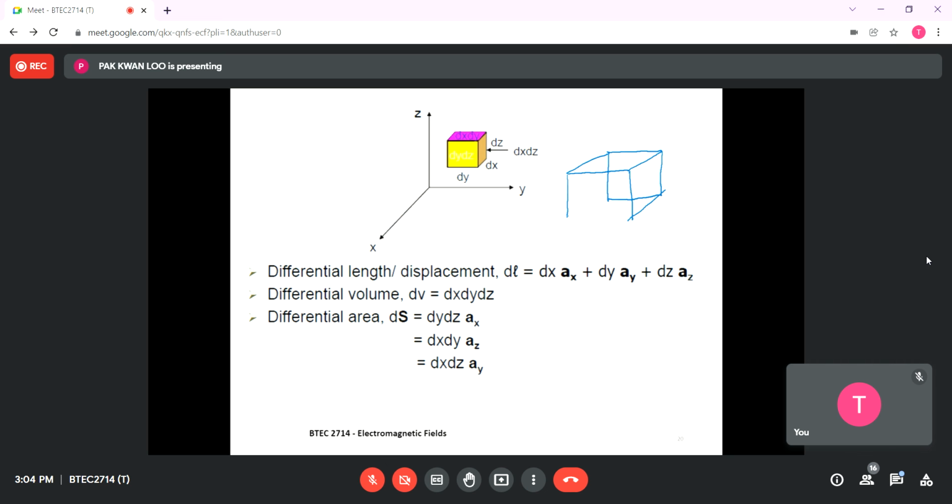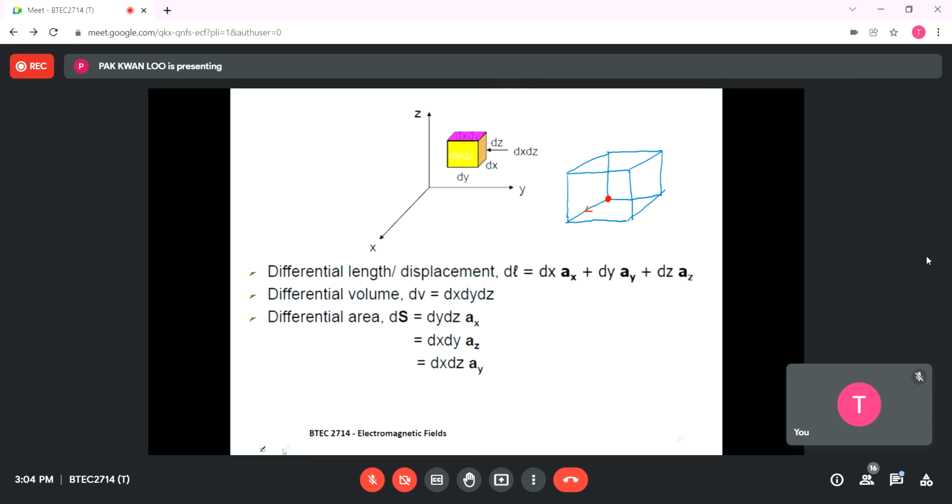So let me restart this discussion. Let's say we start from here. Maybe I use a different color. So this is the initial point that you stand. This red dot here represents you. So assuming that now you try to move a small distance from this point to here.